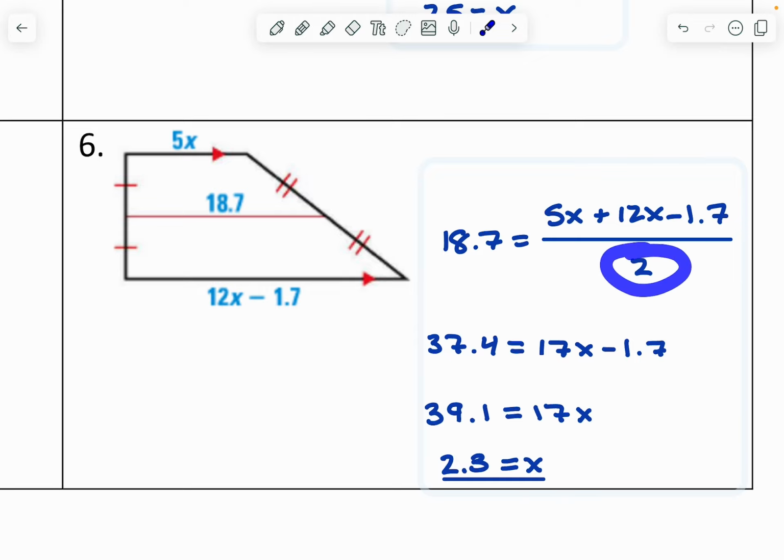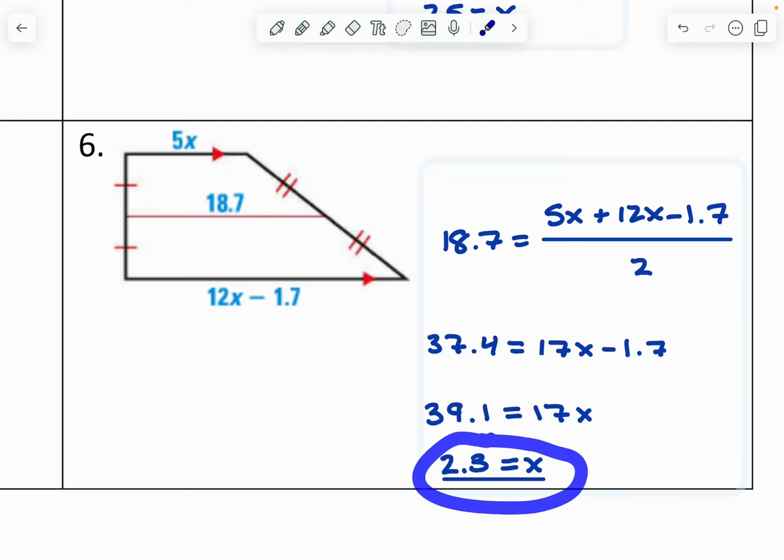Multiply both sides by 2. 37.4 is equal to 17x minus 1.7. Add 1.7 to both sides, divide by 17, you get x is equal to 2.3.